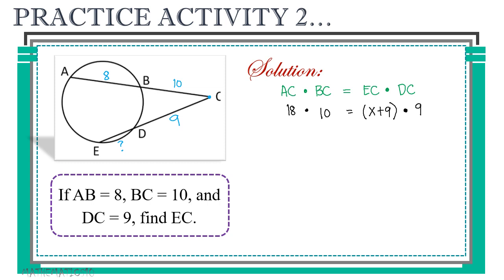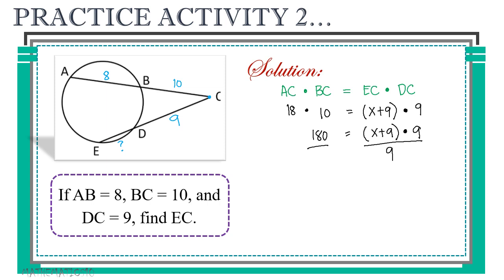Now let's multiply 18 times 10. We would have 180. And I'll just simply copy x plus 9 here. Instead of applying the distributive property, I'm going to proceed with simplifying already.